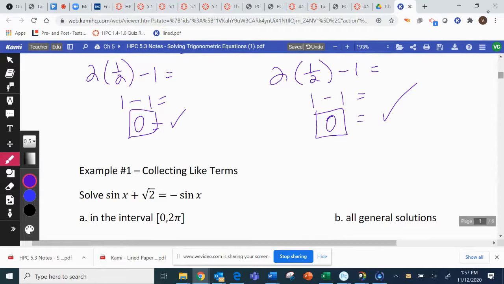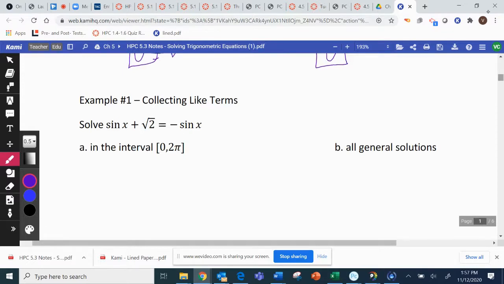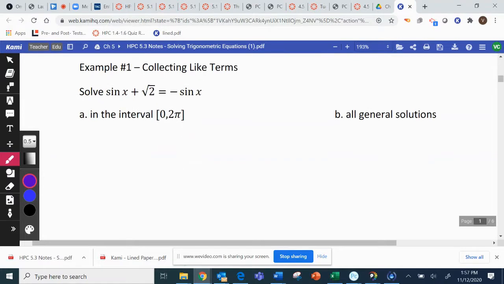There are different methods that you could use to solve these equations, and it's not going to be like the directions say, solve this by collecting like terms. You just kind of have to figure out what method you should use. So I'm going to show you where I would use different methods. Collecting like terms: here's the equation. I've got sine x on both sides, and if we have sine x on both sides, we should gather it all on one side.